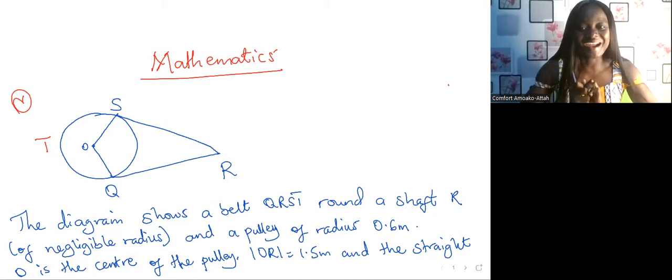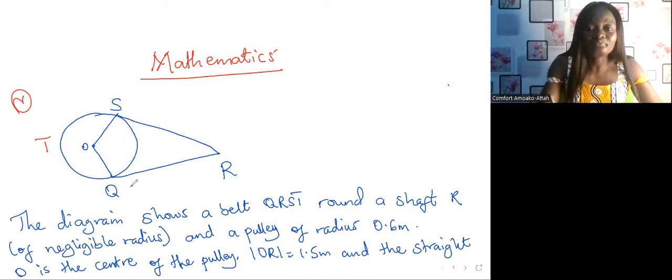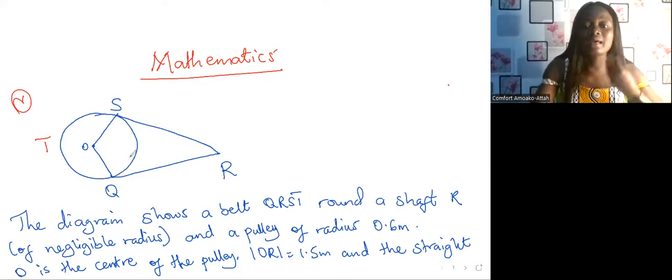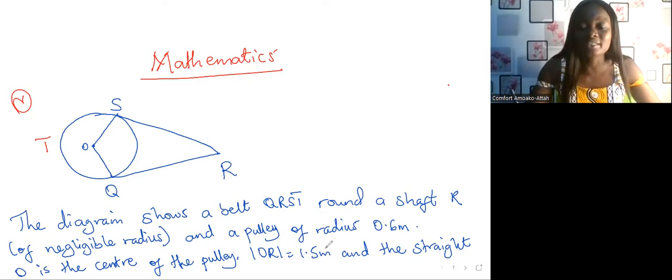Right. The question was: a diagram shows a belt QRST round a shaft R of negligible radius and a pulley of radius 0.6 meters. O is the center of the pulley. Then we have line OR as 1.5 meters.